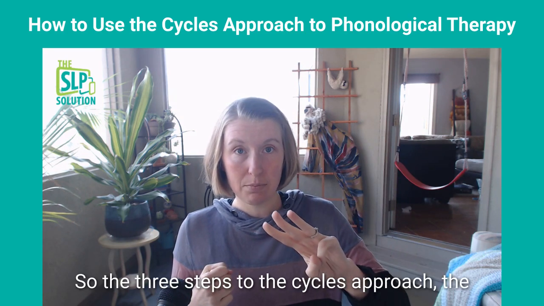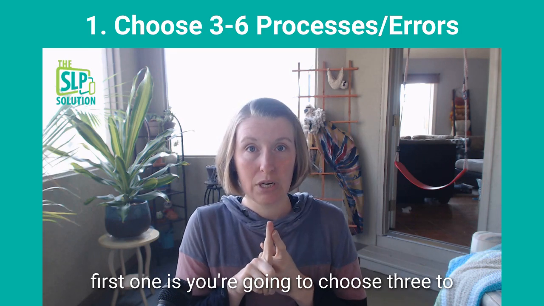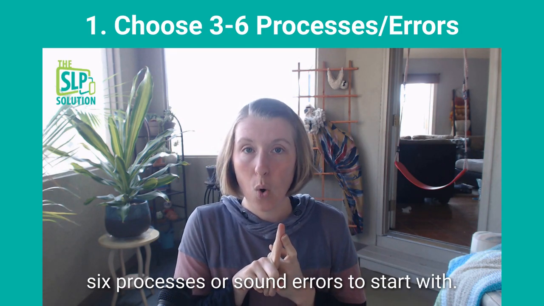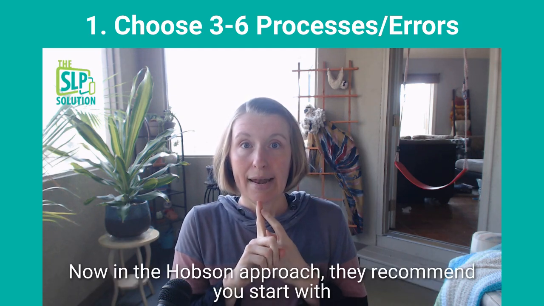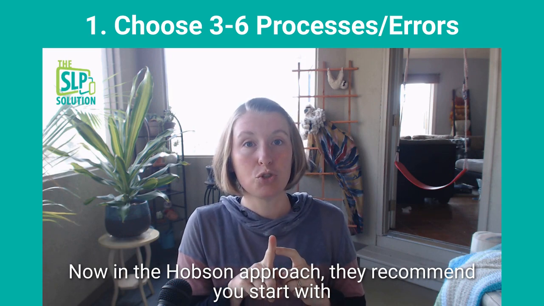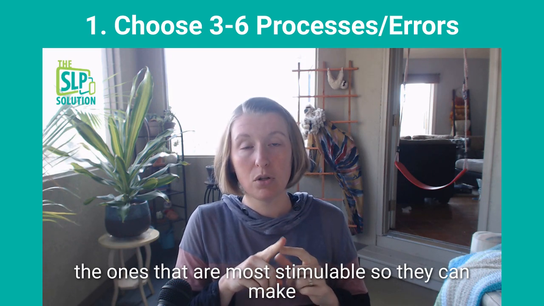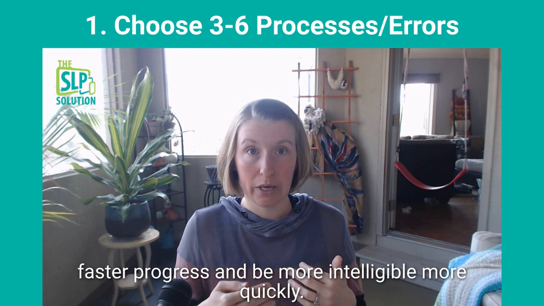So, the three steps to the cycles approach. The first one is you're going to choose 3 to 6 processes or sound errors to start with. In the Hodson approach, they recommend you start with the ones that are most stimulable so they can make faster progress and be more intelligible more quickly.